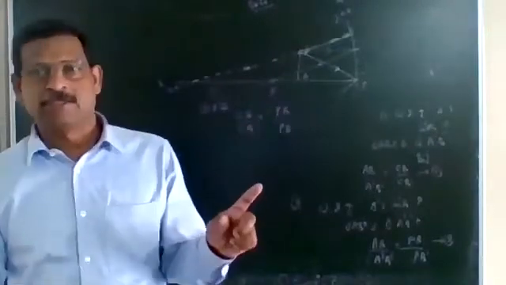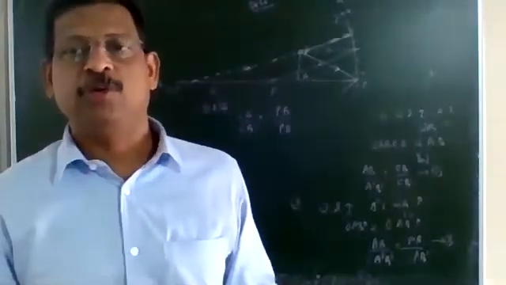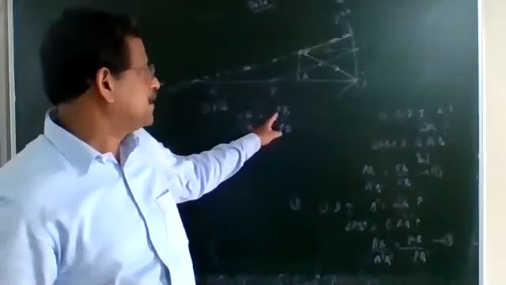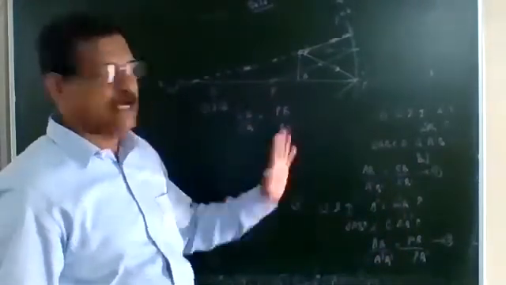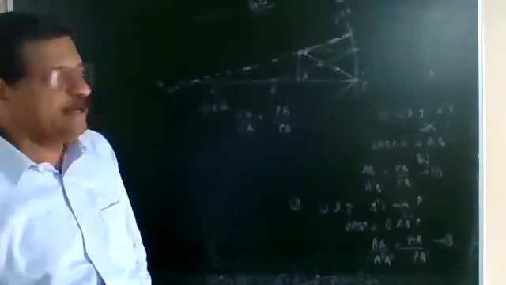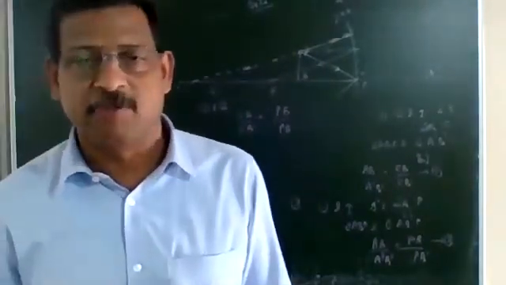All the measurements are to be taken from the pole. On the right side, PB and PB dash are okay. Now on the left side you can see CB and CB dash, they are not measured from the pole.